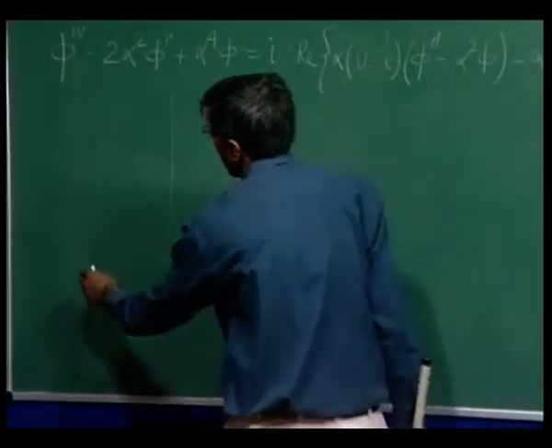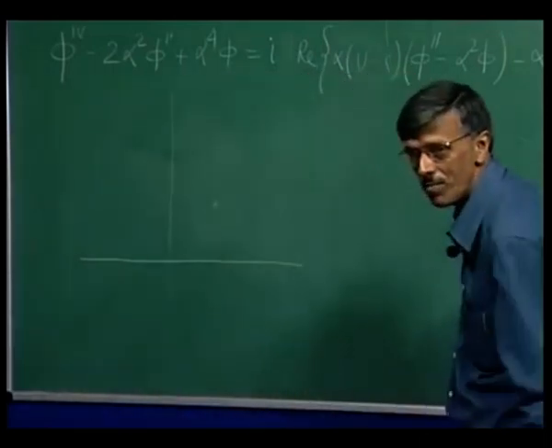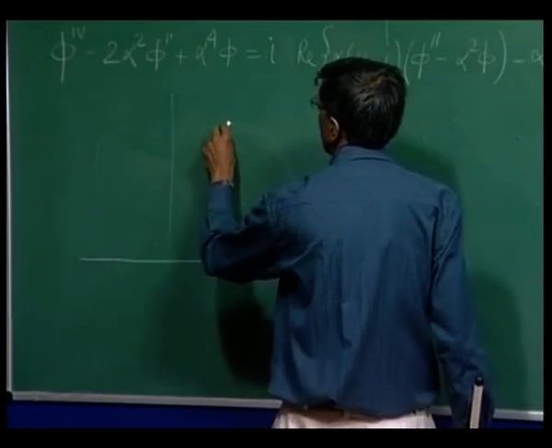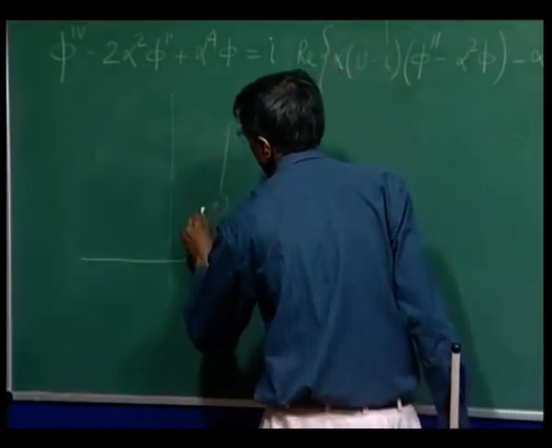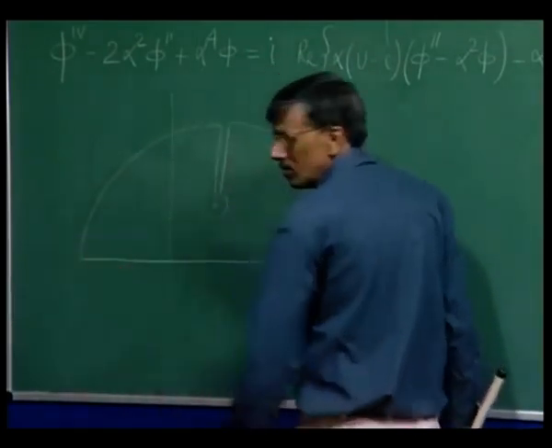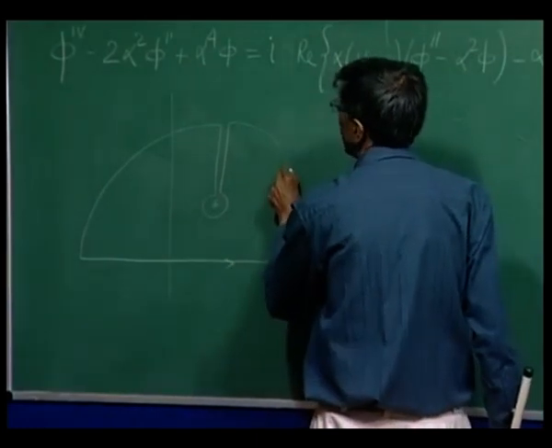And let us say the Bromwich contour is along this axis. Okay? And then I decide to close it from this side. And then I said, I must bypass and close the contour like this. Remember, this is what we had done.